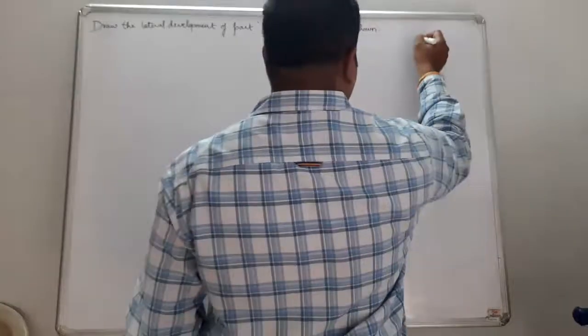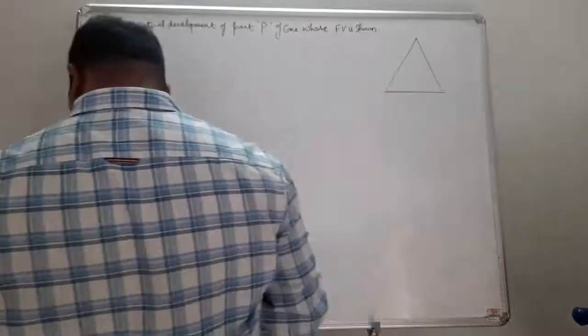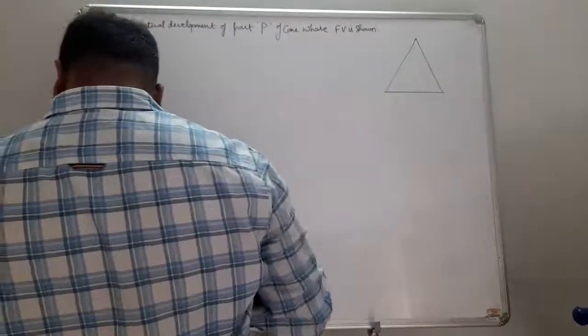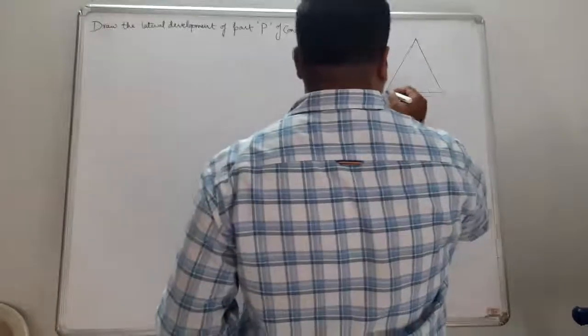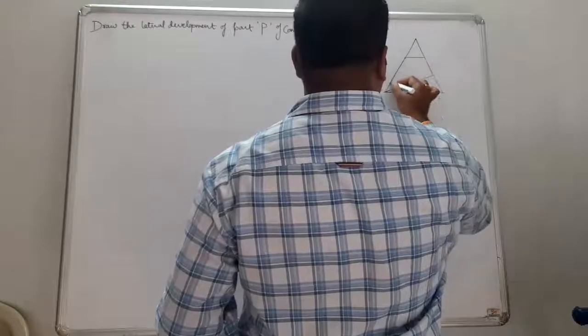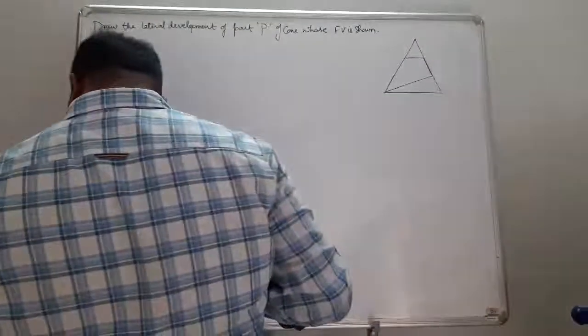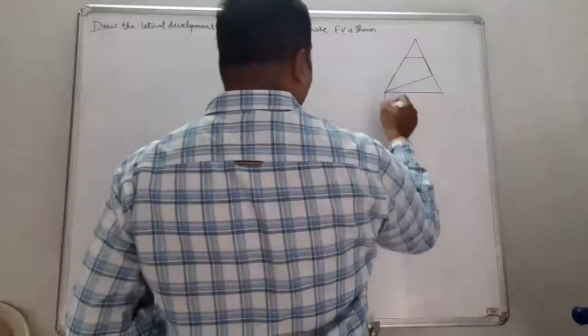The front view of the cone is going to be generally like this. The total base is going to be of diameter 50.